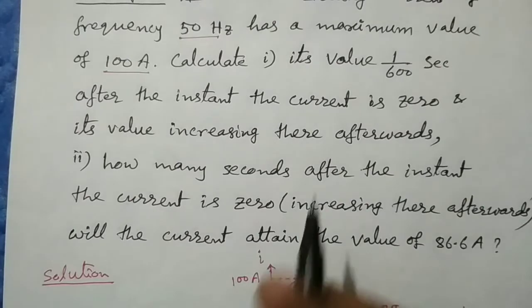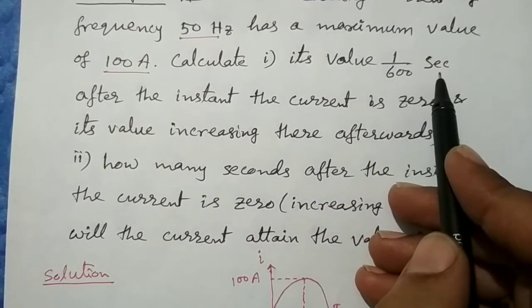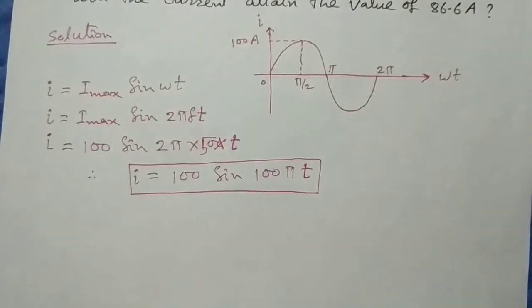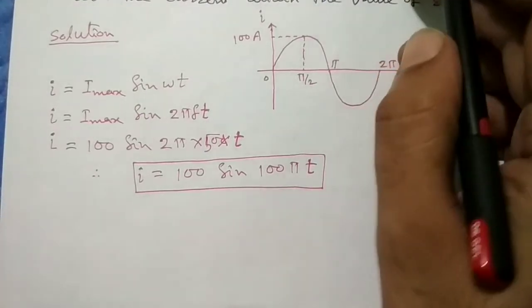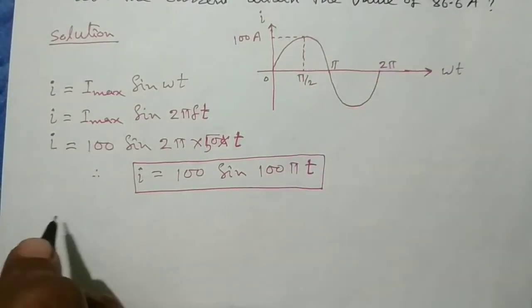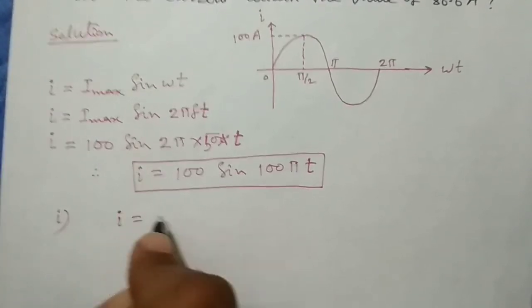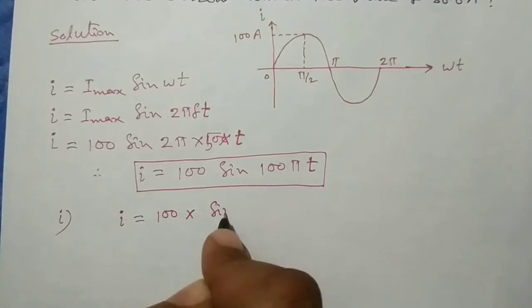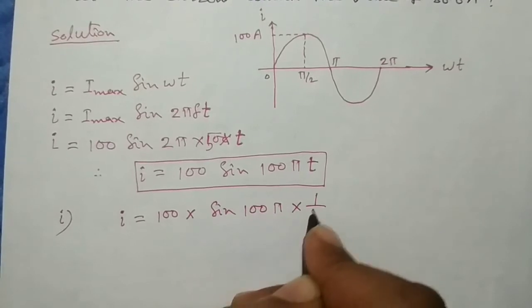Now in the first part of the question, we have to calculate the current at 1 upon 600 second. Therefore, in this expression, instead of t, we will put 1 upon 600. So the value of the current will be 100 into sine 100 pi into 1 upon 600.